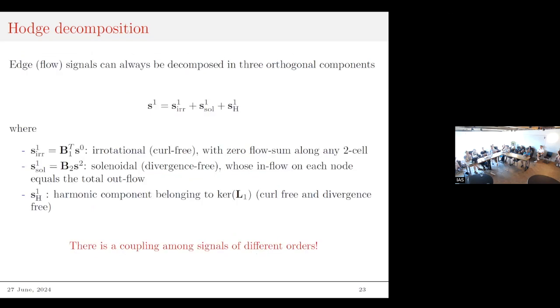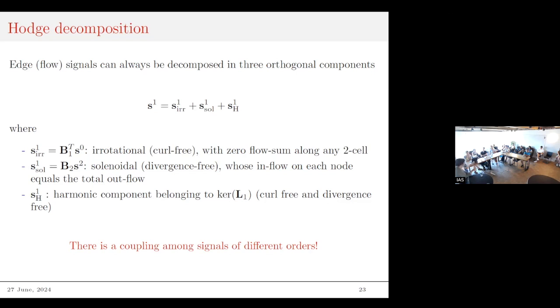An edge flow then can be decomposed in a rotational part that depends on the signal observed over the nodes. Indeed, it is the gradient of the signal, the discrete gradient of the signal observed over the nodes. This is the rotational part. It is a curl-free part with zero flow sum along any cell. If we consider the sum of the flow along the cell, it is equal to 0 for the rotational part.